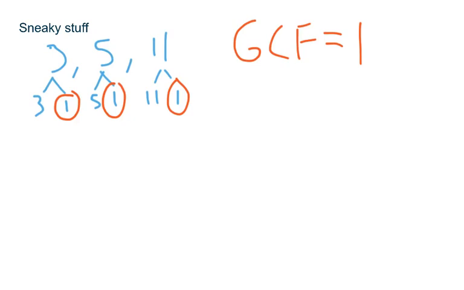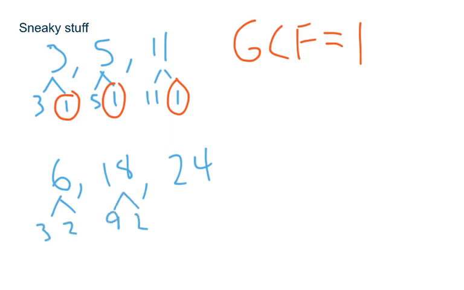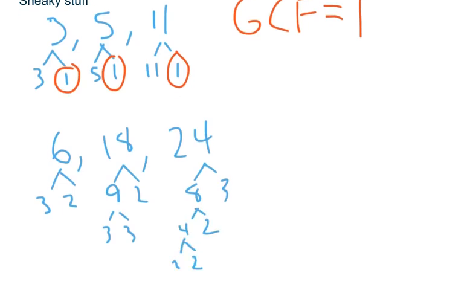The other thing that could be sneaky is, let's say we're dealing with 6, 18, and 24. You start breaking them down: 3 times 2, 9 times 2, 3 times 3, and then here 8 times 3, 4 times 2, and then continue 2 times 2.